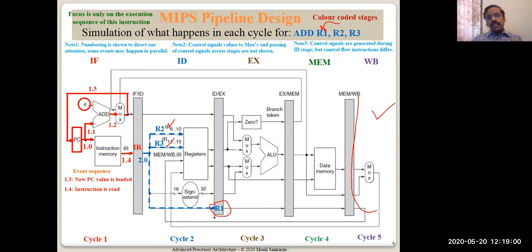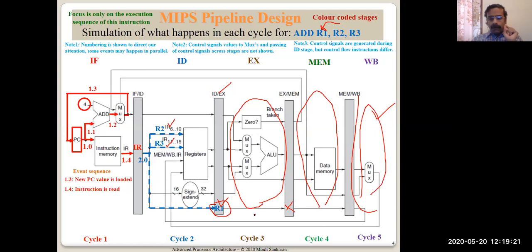That information has to be passed across stage by stage, which is shown here as R1. It comes only here. It doesn't come and write here. Please remember, there is some other instruction working here, and something else over there. So you should not pass it beyond one stage.